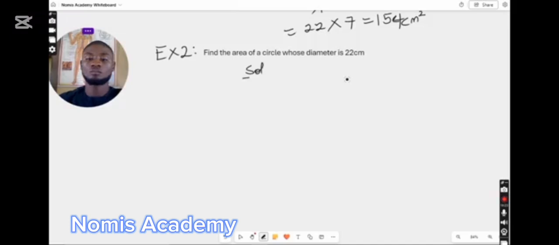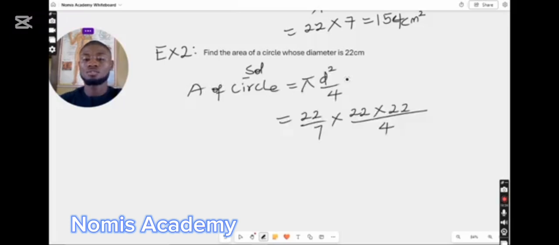So we say area of circle, so I can now divide through by 2 here, and 2 here should be 11. So 2 here, 1, and 2 in the other 22 should be 11. So I'm left with 22 multiplied by 11. That is 242.